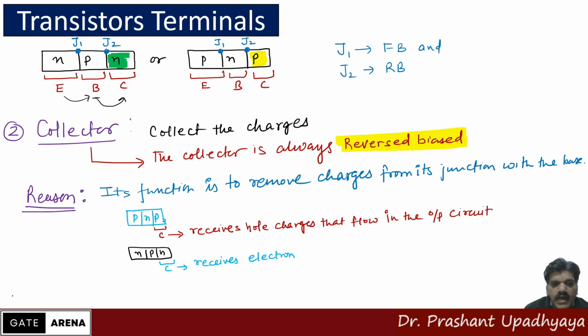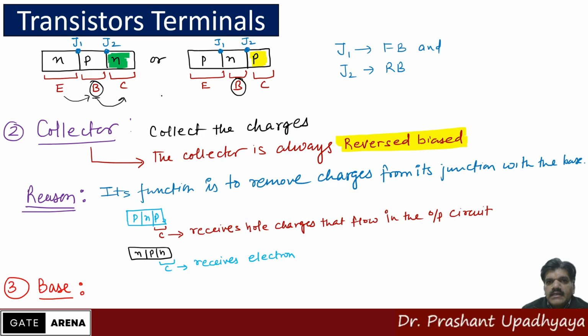And then finally, we have got a third terminal, which is known as the base. Now, when we are talking about this base, this base is the middle section. Whether I am talking about the NPN transistor or PNP transistor, this B is my middle layer.